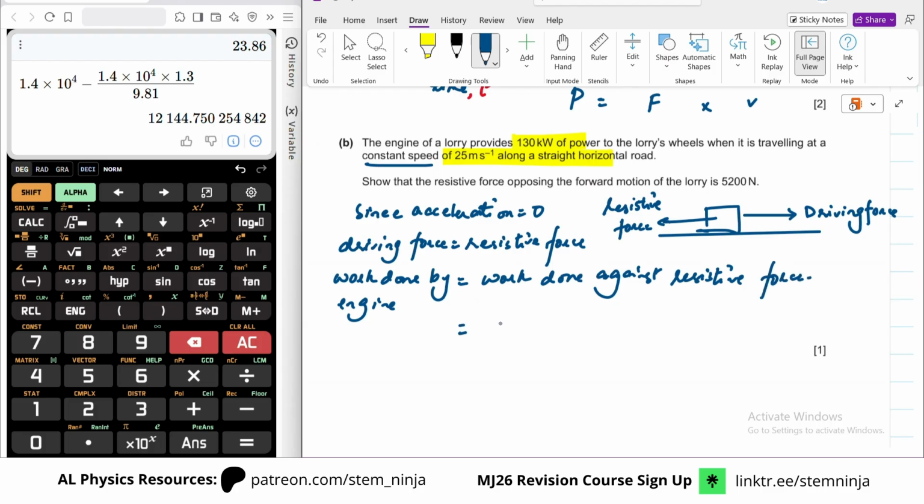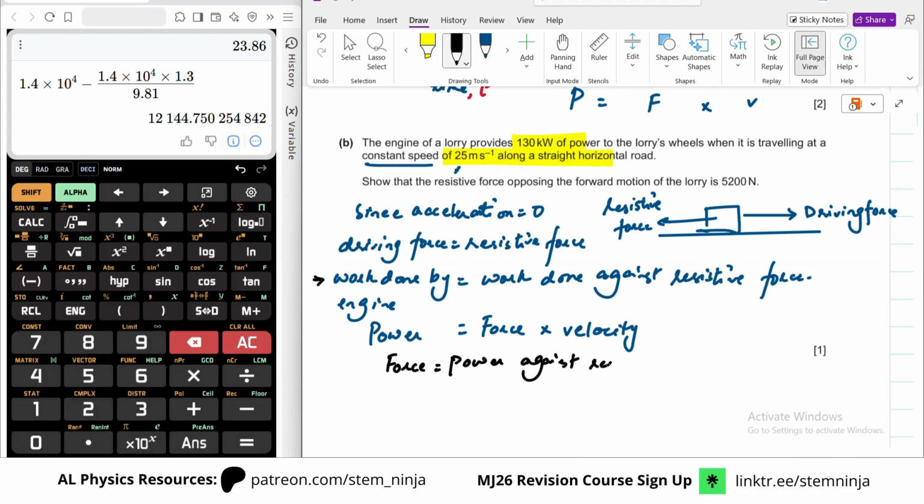Okay, and we also know that power is equal to force times velocity. So this same argument can be written in the form of power also. Therefore, force would be power against resistive force over velocity.